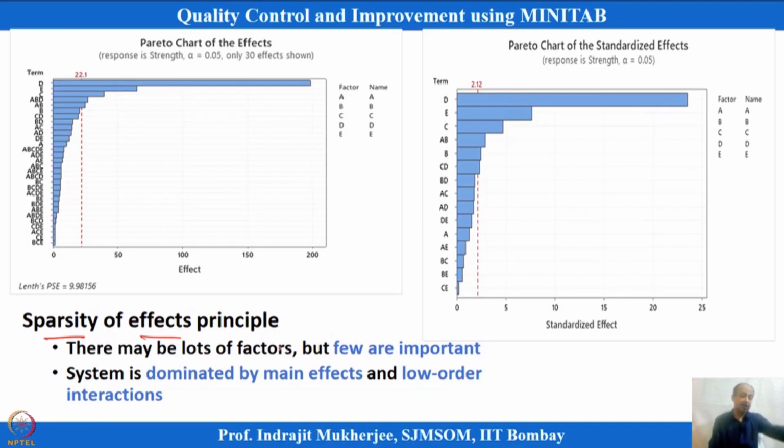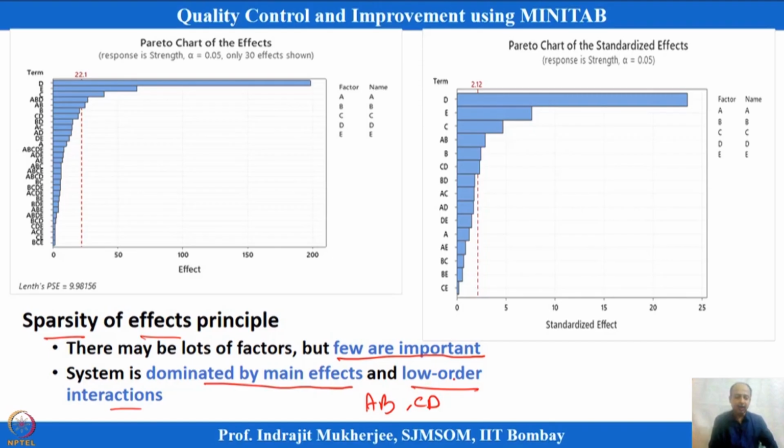There can be lots of factors, like 2 to the power 5, there are 5 factors over here, but few are basically important, controlling the behavior of the process, or the CTQs. The system is dominated by the main effects, that means A, B, C and so on, and the lower order interactions, the two-way interactions. Basically we have considered AB and CD.